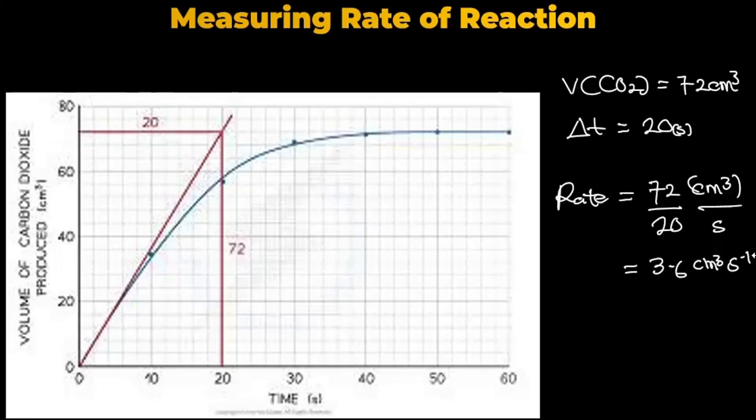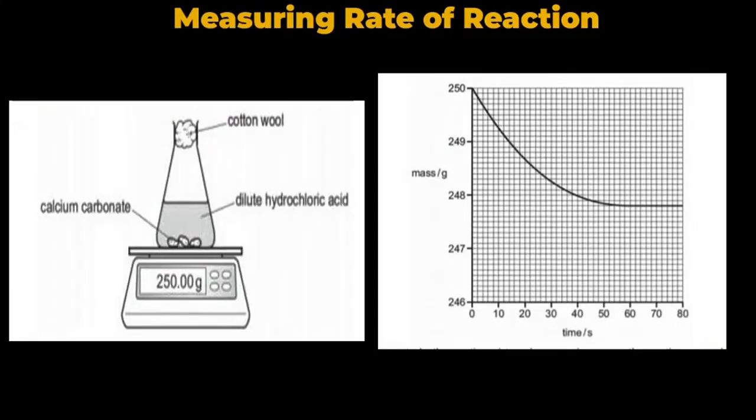Now, you can also do that by weighing the reaction vessel. So in this setup, you have the beaker and everything inside it placed on the electronic balance. So what happens is, at regular time intervals, you measure the mass of the reaction vessel and its contents.